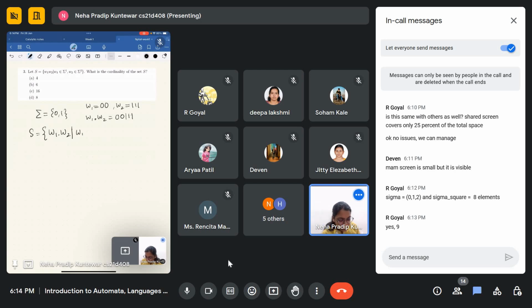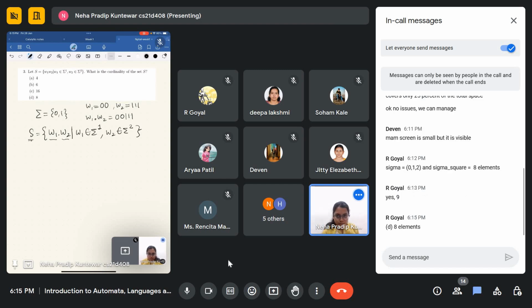So S is the following set, and we just saw the powering of alphabet, so you are quite familiar with sigma to the power 1 and sigma to the power 2. W1 is an element of sigma 1, and W2 is an element of sigma 2, and S is defined as the concatenation of some word in sigma 1 and some word in sigma 2. You want to find the cardinality of S. So the question is, what is this value? I'll wait for 2 minutes, and you can write your answers in the chat box.